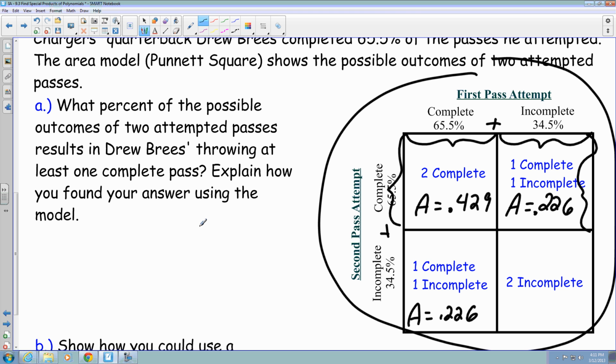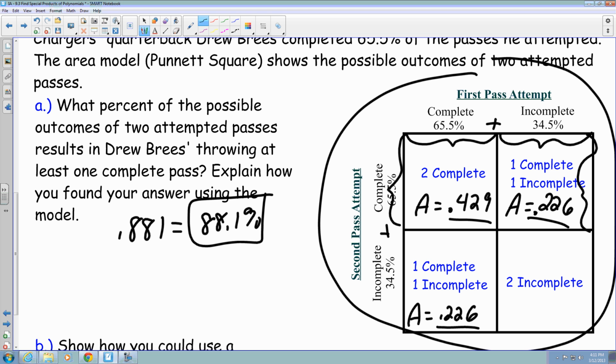Now I'm going to add these three values together, and it's going to tell me that the percentage is about 0.881, which equals 88.1%. So he has an 88.1% chance of completing at least one pass, being able to throw it with 2 attempts.